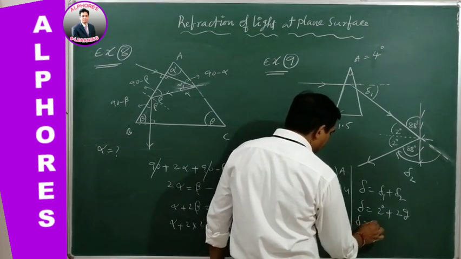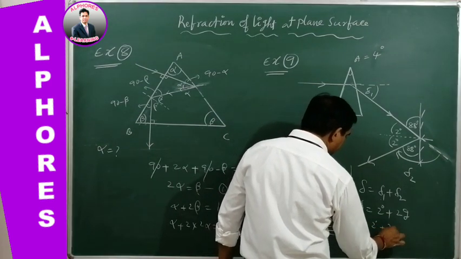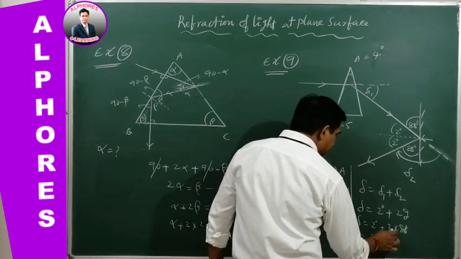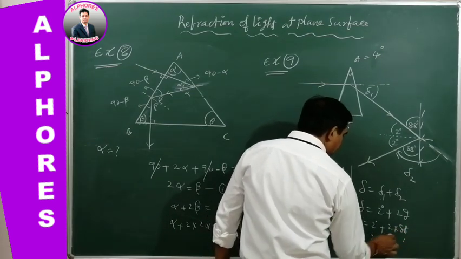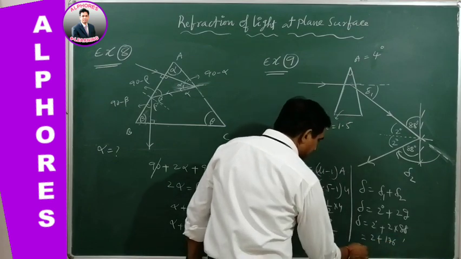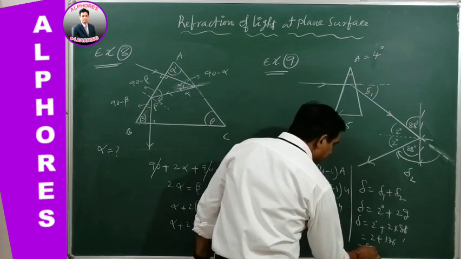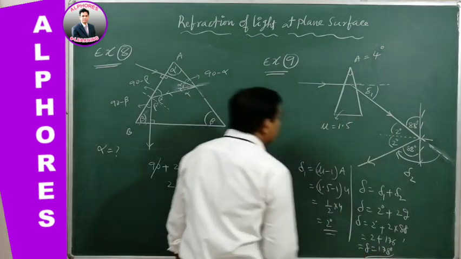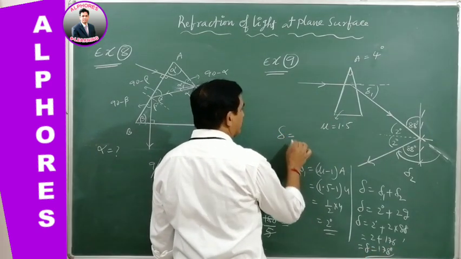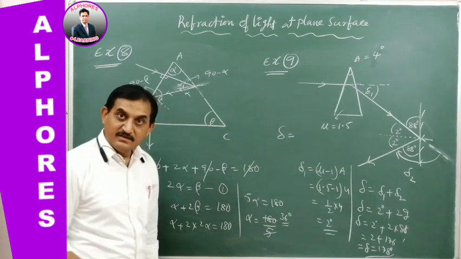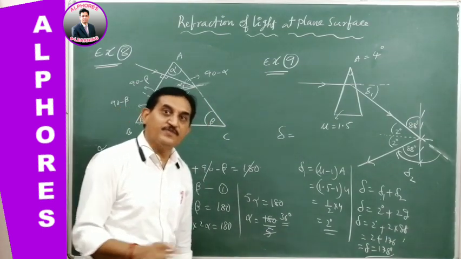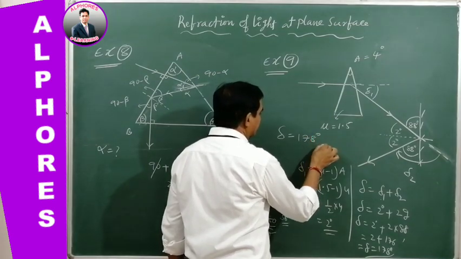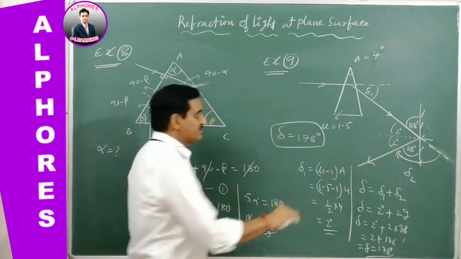Now delta is equal to 2 degree plus 2 into the glancing angle 88. Now 2 plus 176. As a whole, the total deviation suffered is 178 degree. So the total deviation suffered by this light by refraction and reflection together is 178 degree, and this is the final answer.